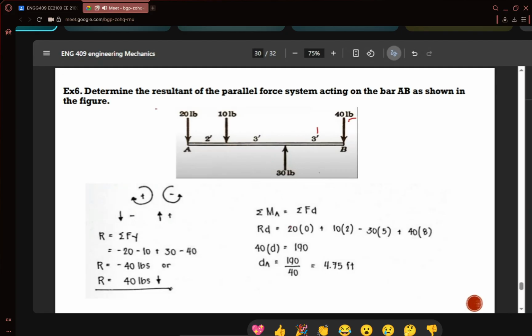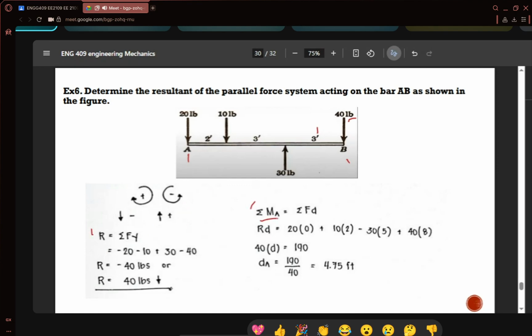So to determine the resultant of the parallel force system acting on the bar AB, it's not specified which point you should reference. So usually, if it's not mentioned, we do it with point A. So again, we need two solutions here. The first one is for the resultant. The other one is for the position.